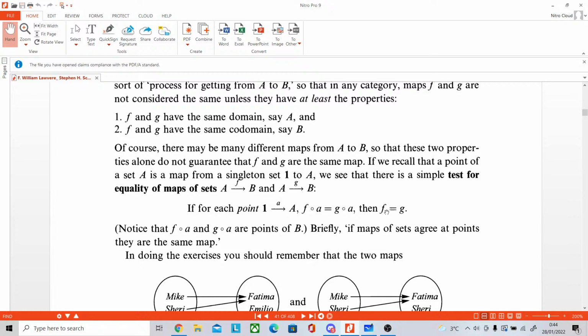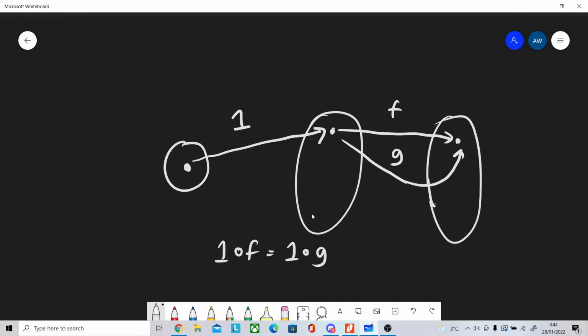But then to test whether these two functions are equal, you need to test whether these two functions are equal, which is... well, I guess, maybe what they're trying to say is that these are not functions anymore, because these are now points, and you can obviously test equality between points.